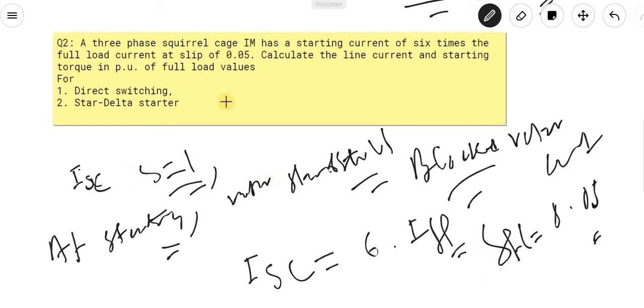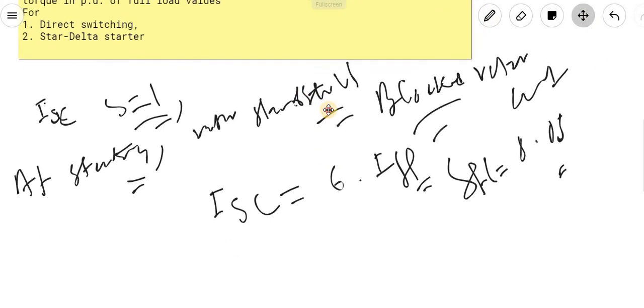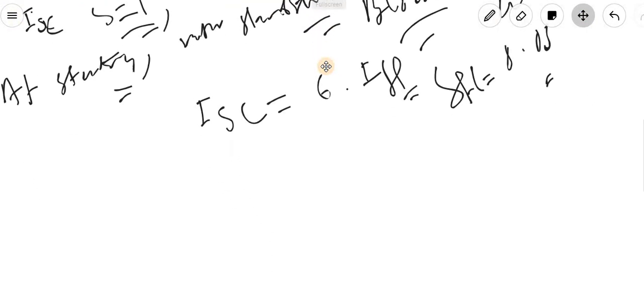Now what is given? We have to calculate the line current and the starting torque in per unit values of full load values. With respect to full load, we have to find the line current and starting torque. Firstly, for direct switching: there is no starter available, neither resistance starter, nor star-delta starter, nor auto transformer starter.